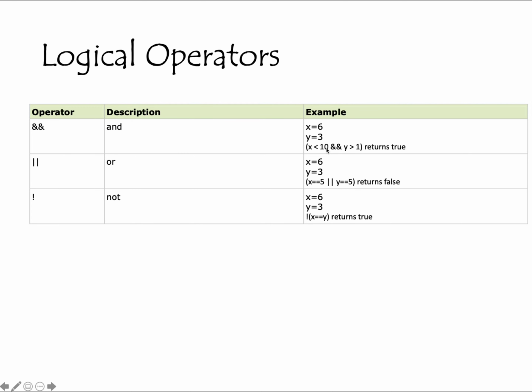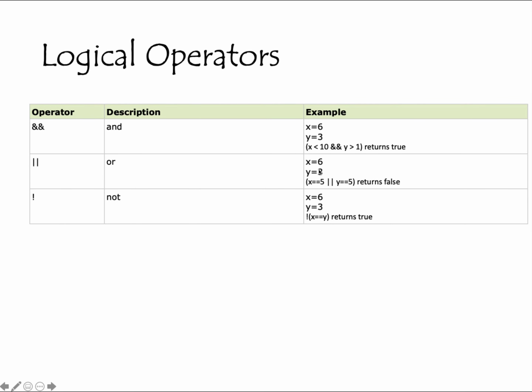It's true. Second one, y is 3, so 3 is greater than 1, so the second condition is true. So true and true returns true. The OR condition is with two pipelines. In this case, only when both conditions are false, it will return false. If either one of them is true, it will return true, right?